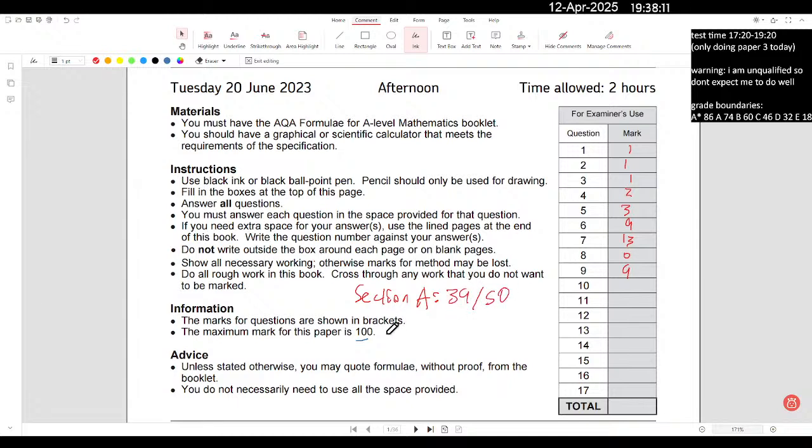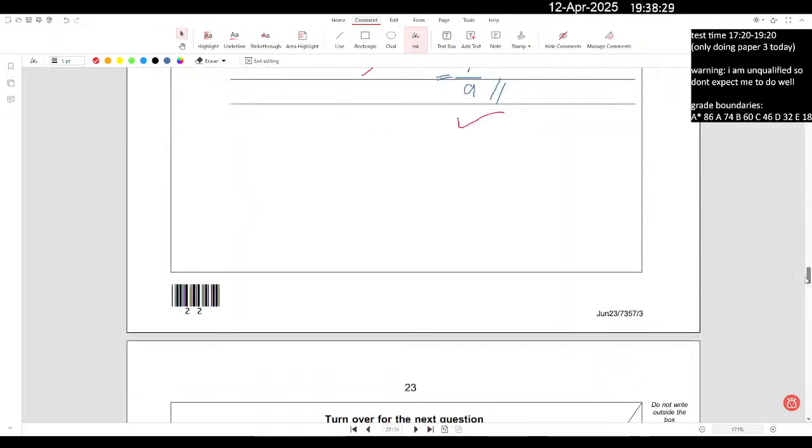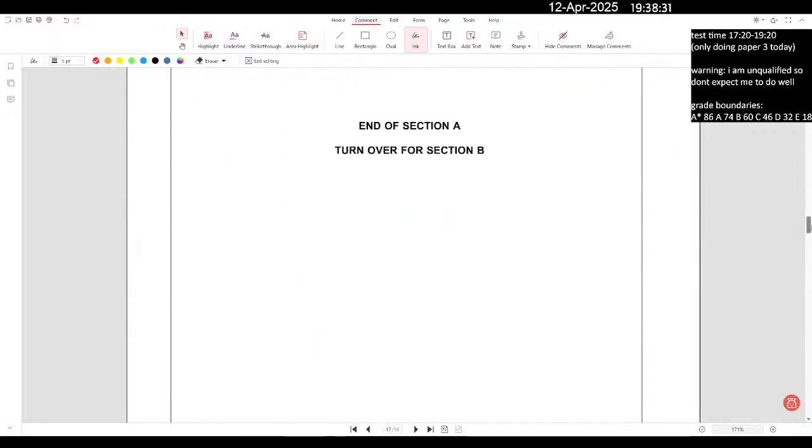Still alright, I'd say. Although if I want an A for this paper, I need 35 out of 50, which I don't think I'm getting, honestly. I might get close, but I don't think I'm getting the A for this paper, which is alright. Let's just move on.